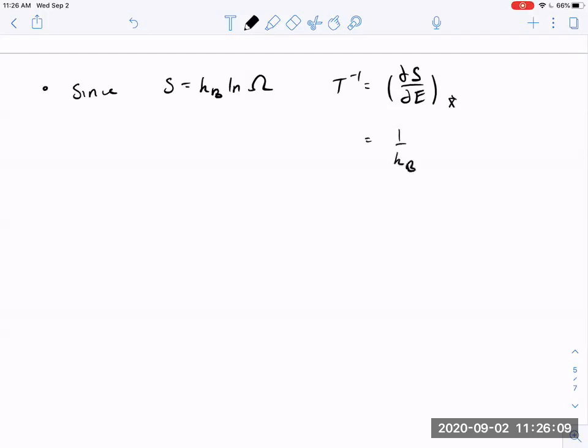Therefore, the temperature is nothing but how the number of states change with increasing energy. Does it have to be the case that the temperature is positive? This is a fun little game we can play. Let's actually ask that. Let's consider a system of two-level systems, what I like to call the wacky world of spins.